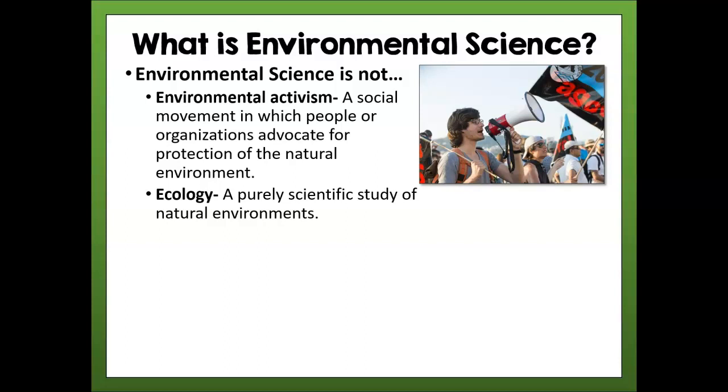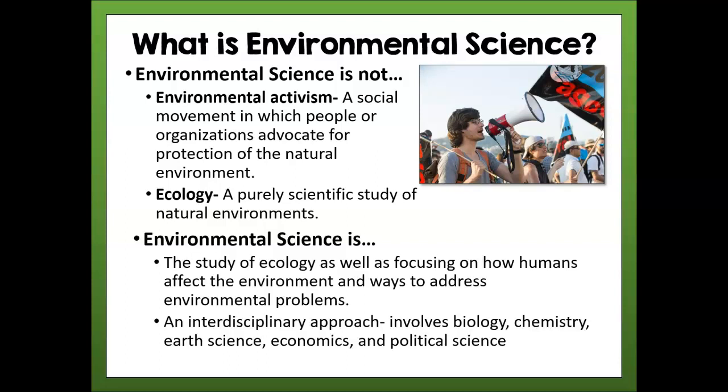It doesn't really talk about what environmental science actually is. What it is: we study ecology in this class and we focus on how humans interact with the environment and how we address or solve environmental problems. It's very interdisciplinary. We study biology, chemistry, earth science, economics, political science. All of that together is environmental science.